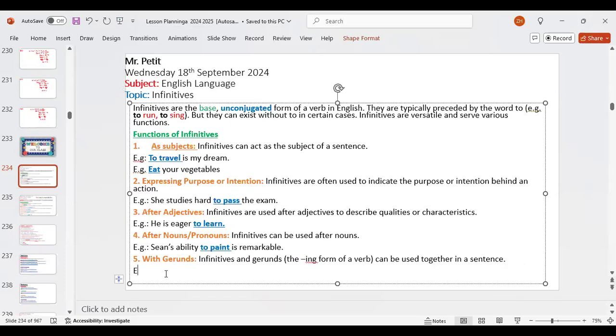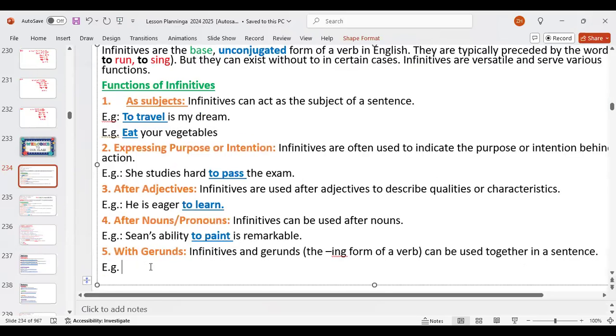All right. So example. We can say he decided to go. I need a gerund. He decided to go what? He decided to go running. Cycling.